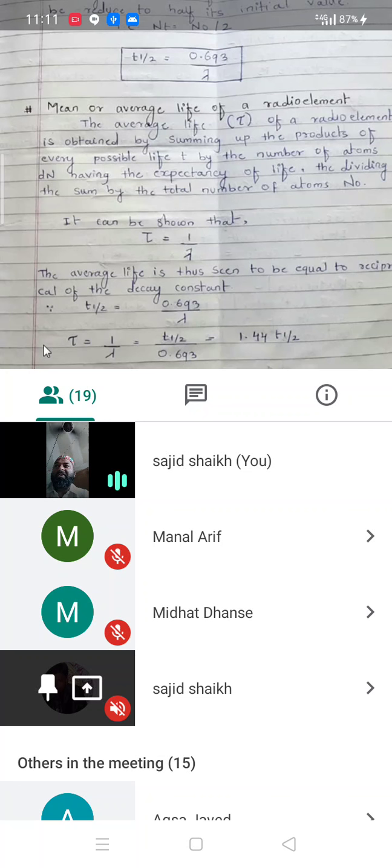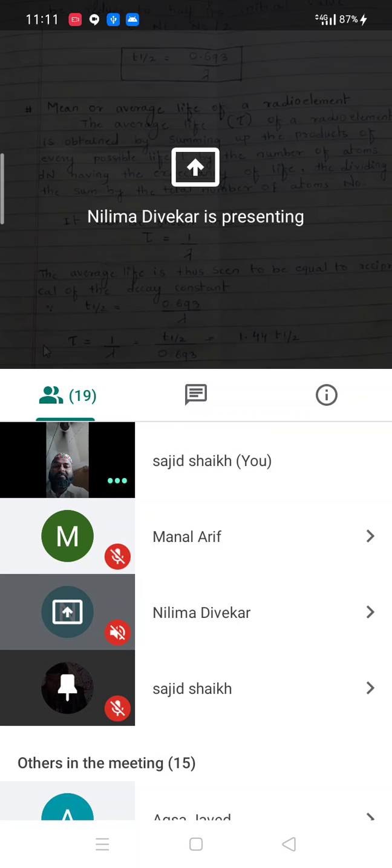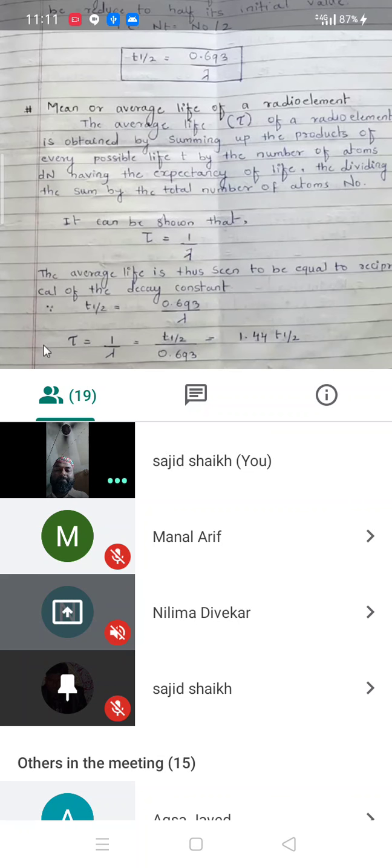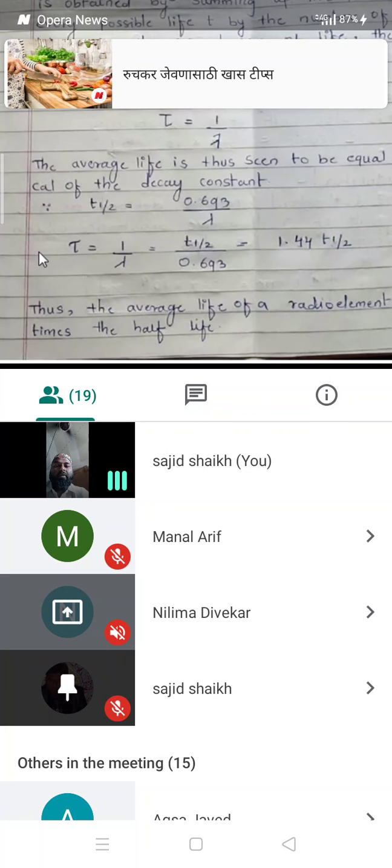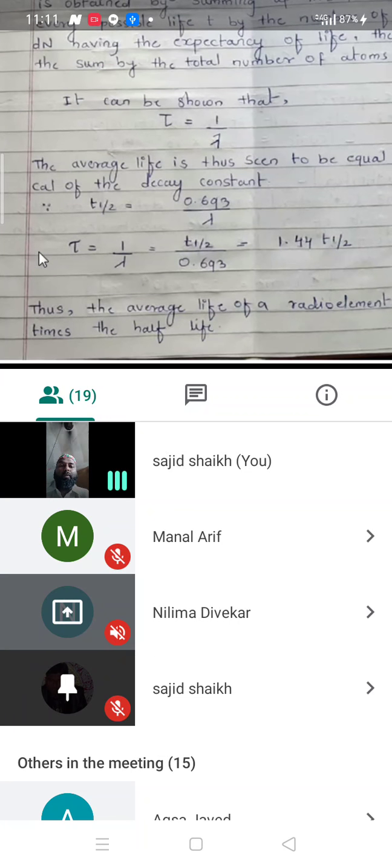You can substitute for the lambda. Then you will get the equation tau is equal to 1 upon lambda, is equal to T half upon 0.693, is equal to 1.44 T half. Average life, or mean life, is nothing but 1.44 times the T half. That you have to remember for MCQ purposes.